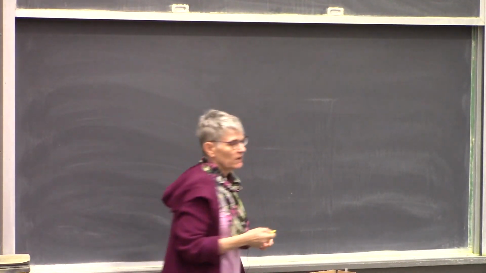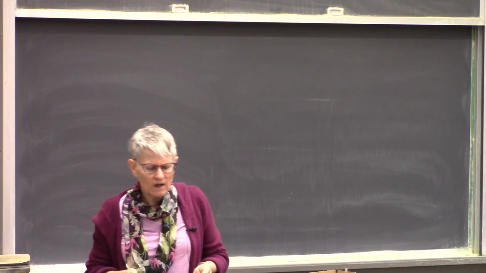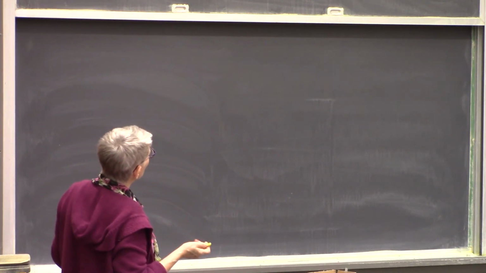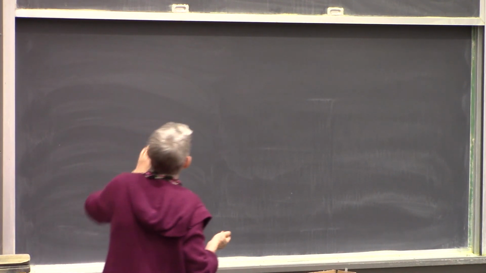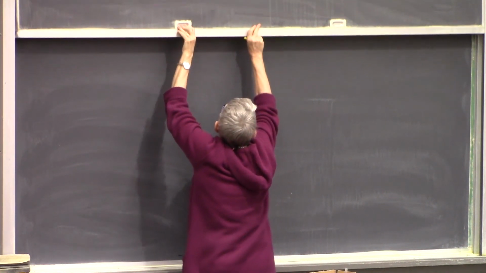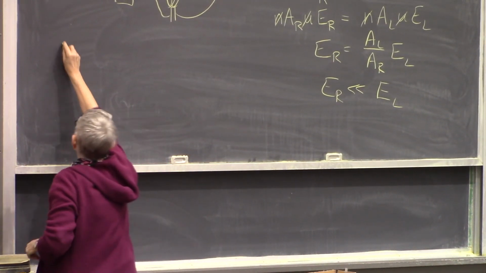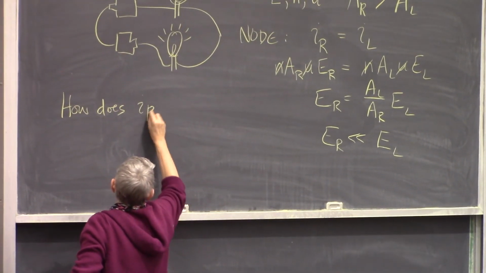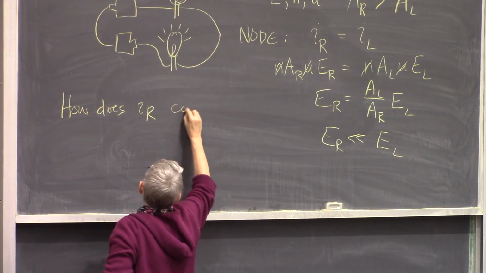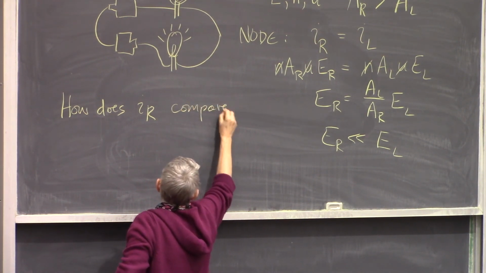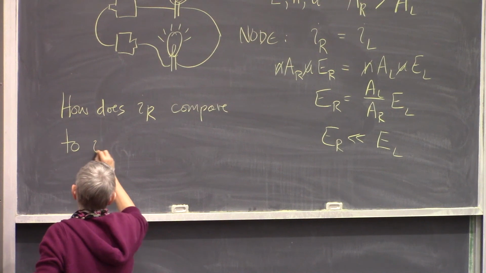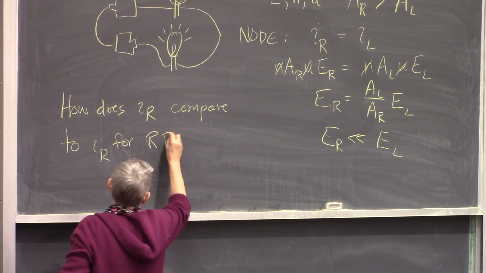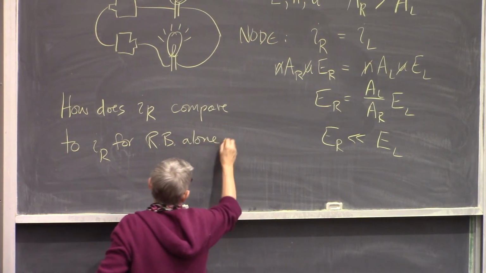Still, there must be a current through it. And so what we'd like to know is how the current through the round bulb in this circuit compares to the current through the round bulb for the round bulb alone.